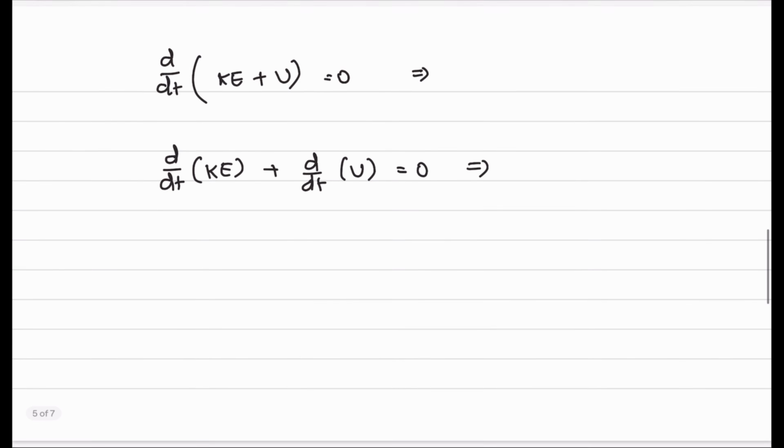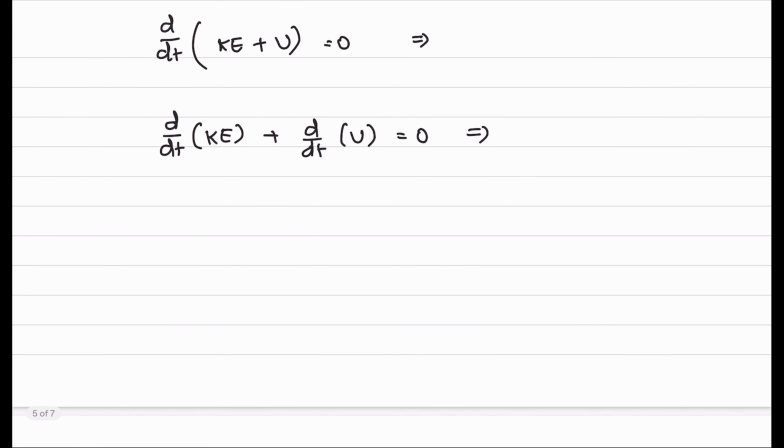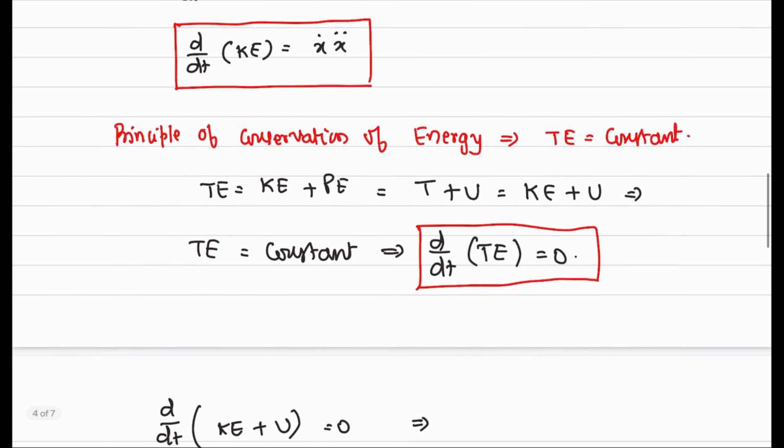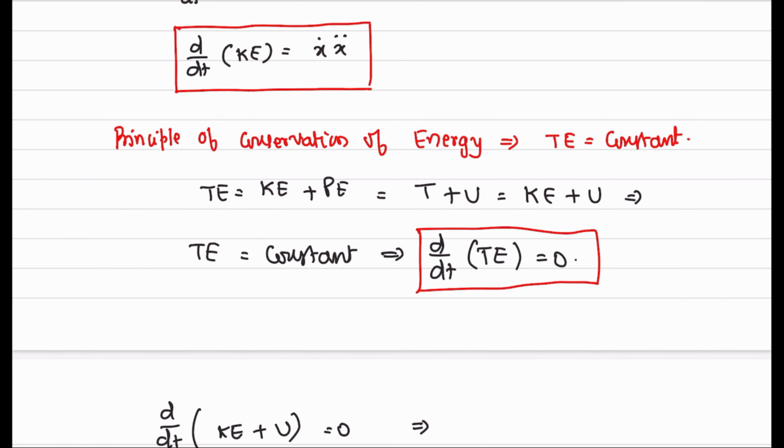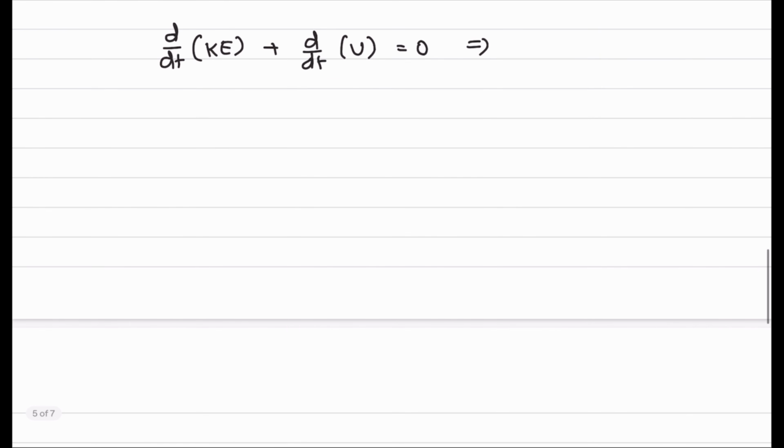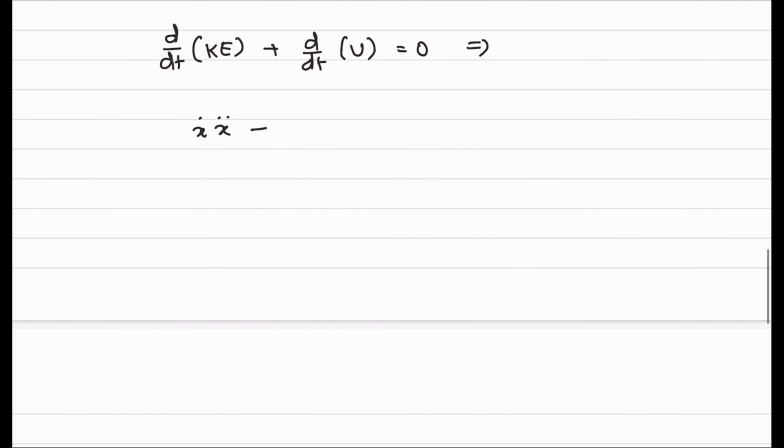That implies, what is the d by dt of kinetic energy? We have just derived x dot into x double dot plus d by dt of potential energy, it is also a function of x.